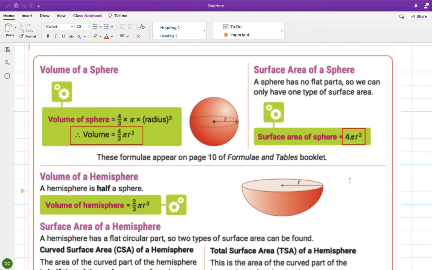And then the hemisphere is just half a sphere. Now it is worth noting that these are not in the formula and tables book. But it's quite easy.